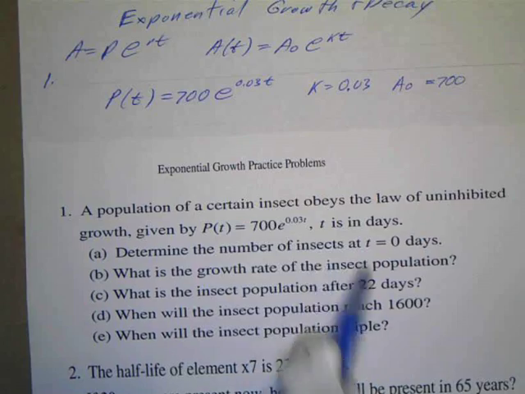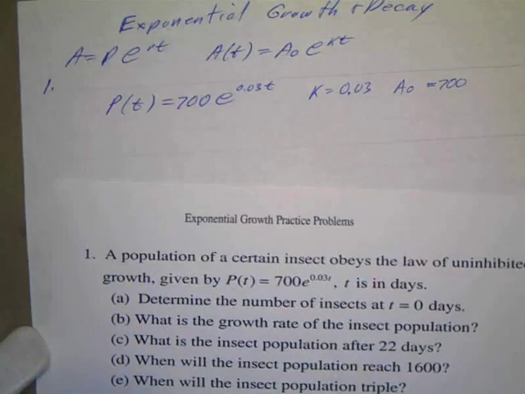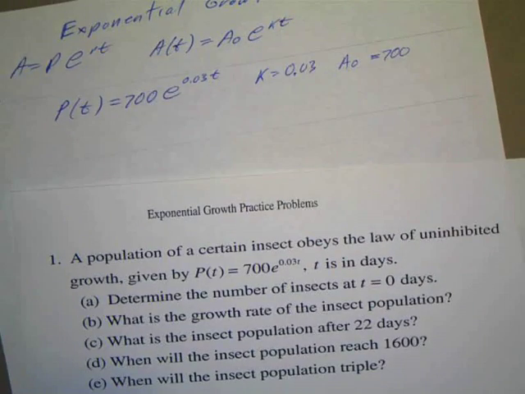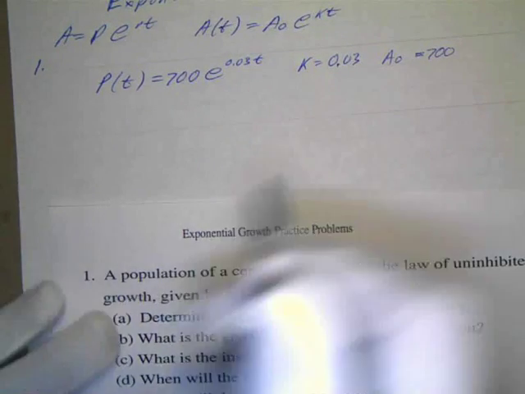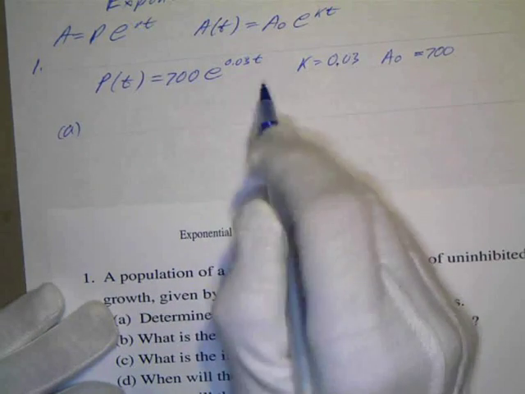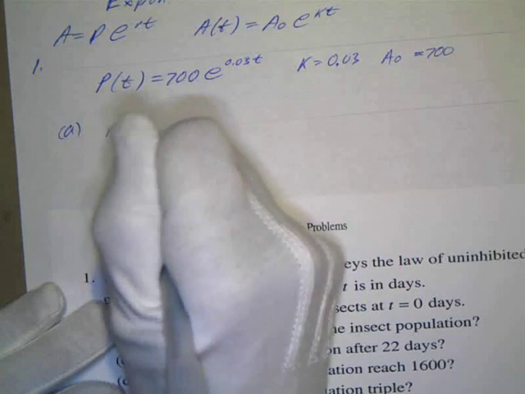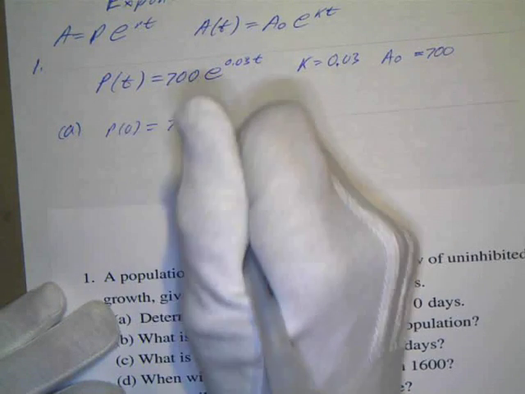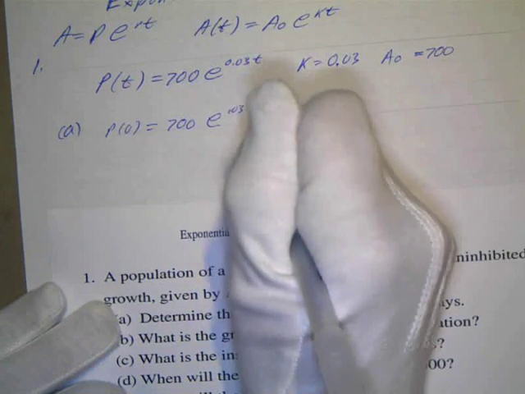Letter A: determine the number of insects at time t equals 0. When t is 0, P of 0 equals 700 times e to the 0.03 times 0.